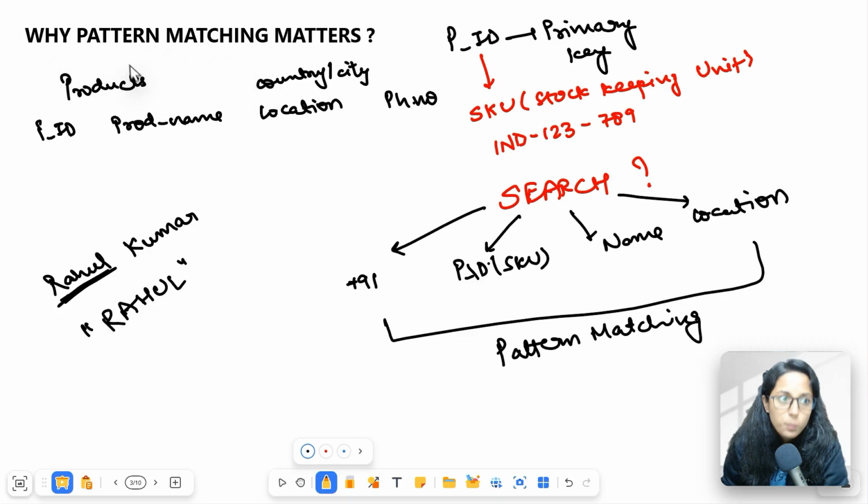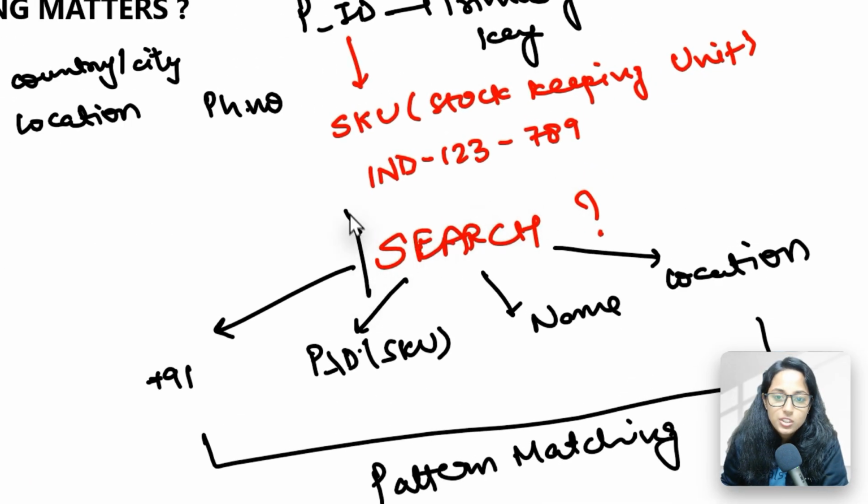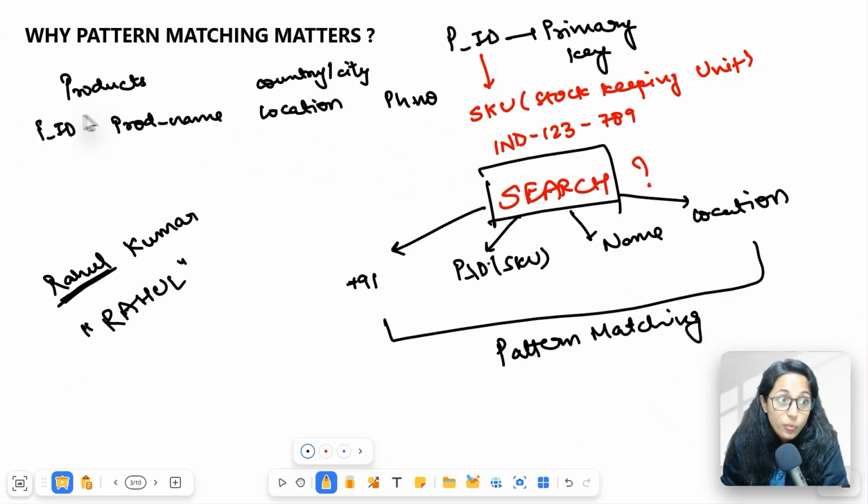I hope you are able to understand why pattern matching is required. And it's just a simple example of a product. It can be anything: consumer, school, library, even an airline or anything. So this searching can be done on any of the attributes, and that's where pattern matching comes into the picture.